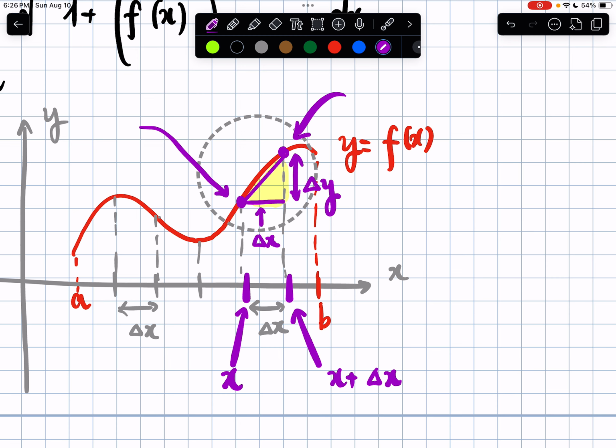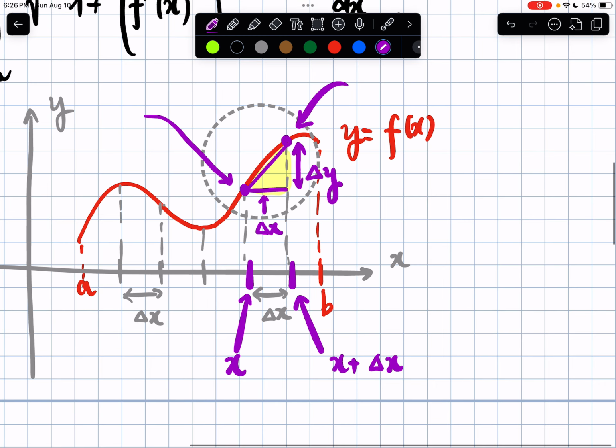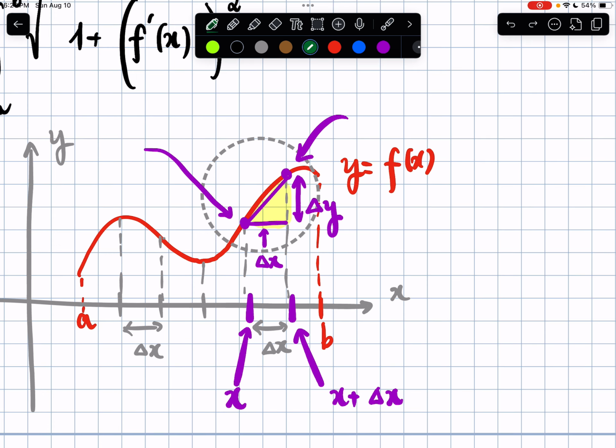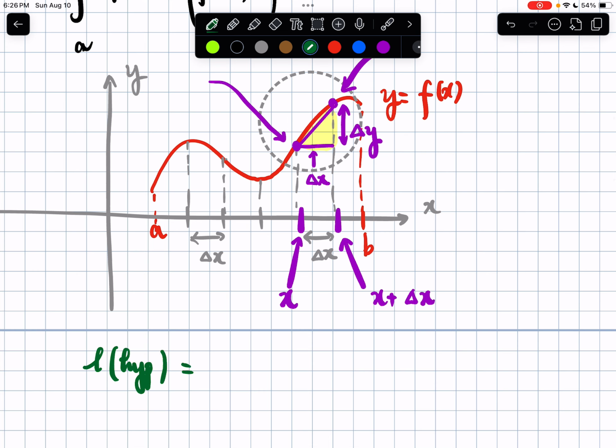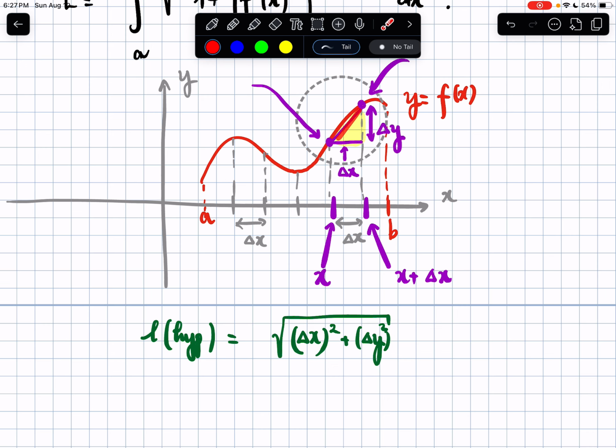Then the length of this piece, the length of the hypotenuse, is the square root of delta x squared plus delta y squared by the Pythagorean theorem. And by taking the sum of all those small segments, we get the approximate length of the curve y equal to f of x.